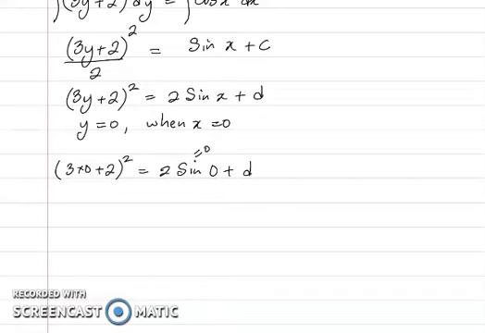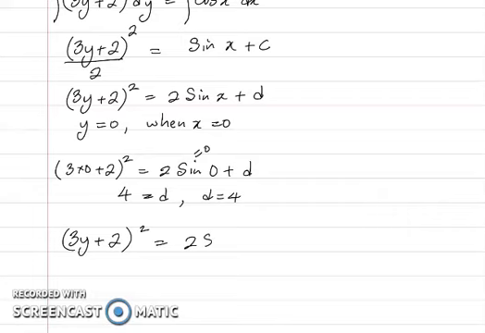So what we have is 4 is equal to b, or b is equal to 4. So what we have is (3y plus 2) squared is equal to 2 sine x plus b, which is 4.